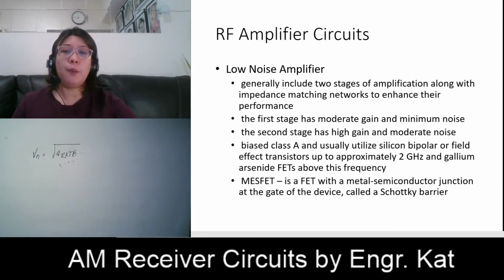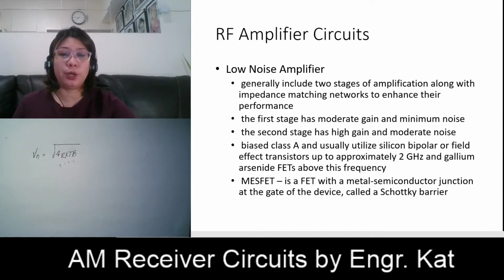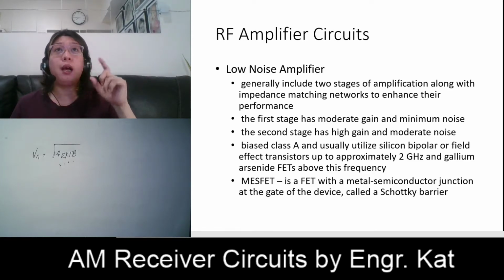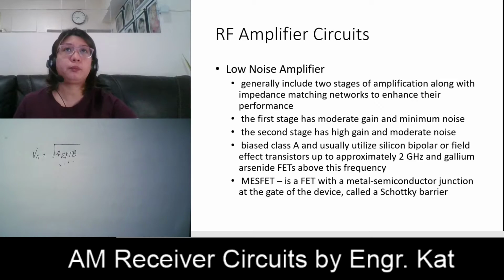We make use of a special type of FET, which is your MESFET. Your MESFET is a metal semiconductor field effect transistor. This is a FET with a metal semiconductor junction at the gate of the device, and that junction is what we call the Schottky barrier.